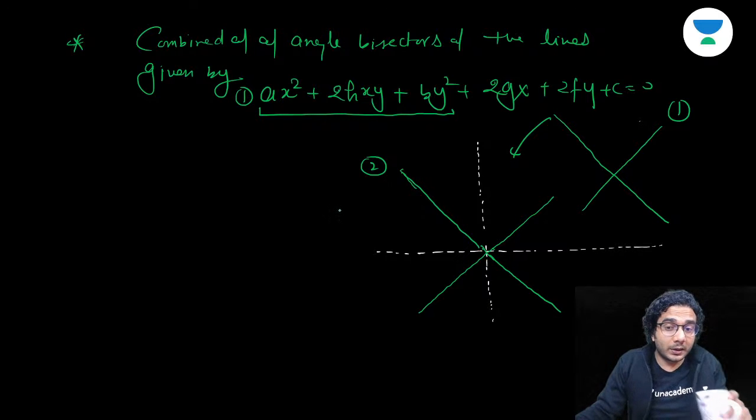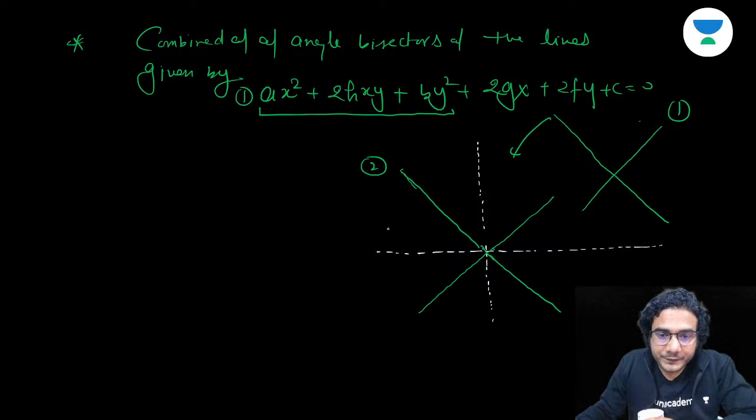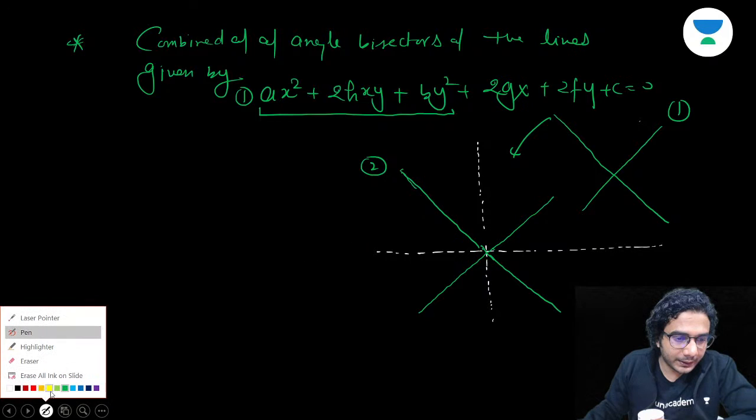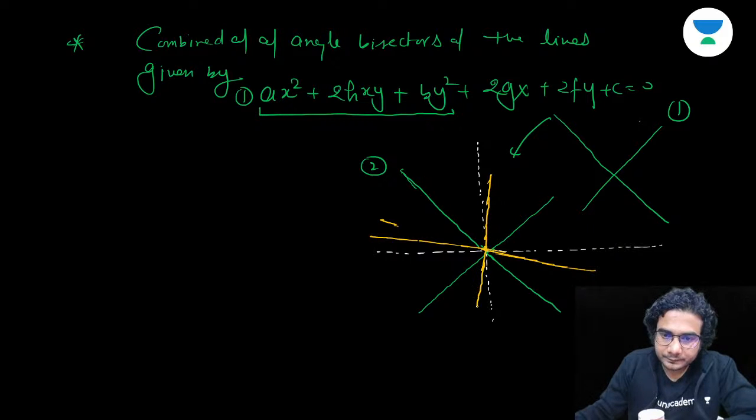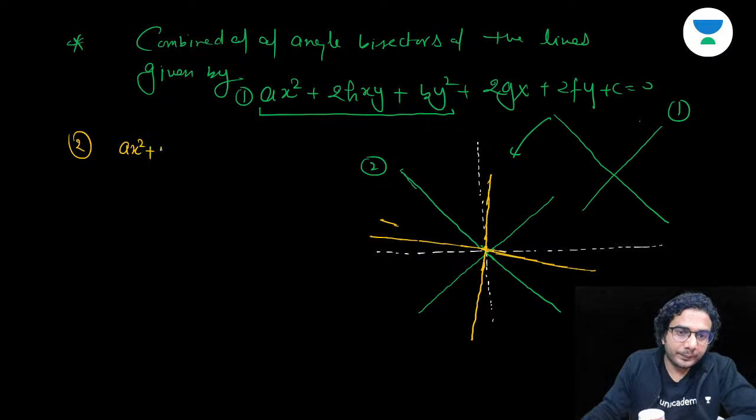Now we know the combined equation of angle bisectors of lines given by 2. Say these are the bisectors. Let me write it with yellow color. This is one of the bisectors, and this is the other bisector. Equation number 2 is given by ax square plus by square plus 2hxy equal to 0. Now the combined equation of its bisectors.